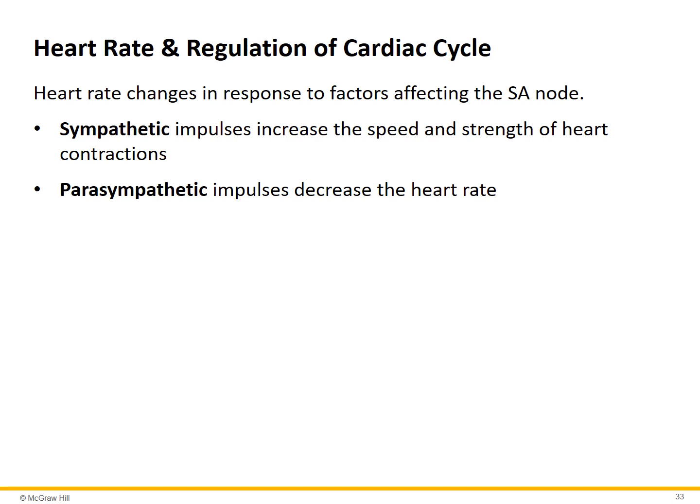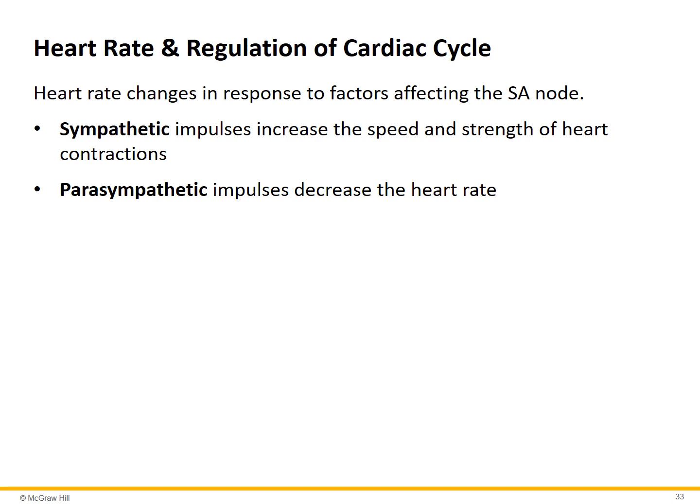I always remember it by thinking of automatic. And there are two divisions, and it's not necessarily that they work together; they innervate the same organs, but they have kind of opposite effects. So the sympathetic division is more involved in fight or flight responses.